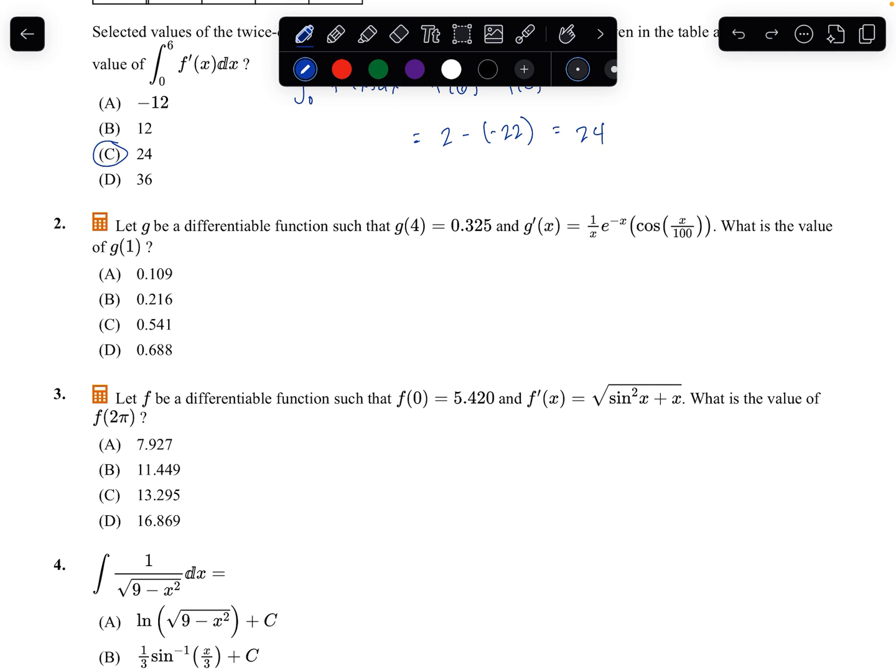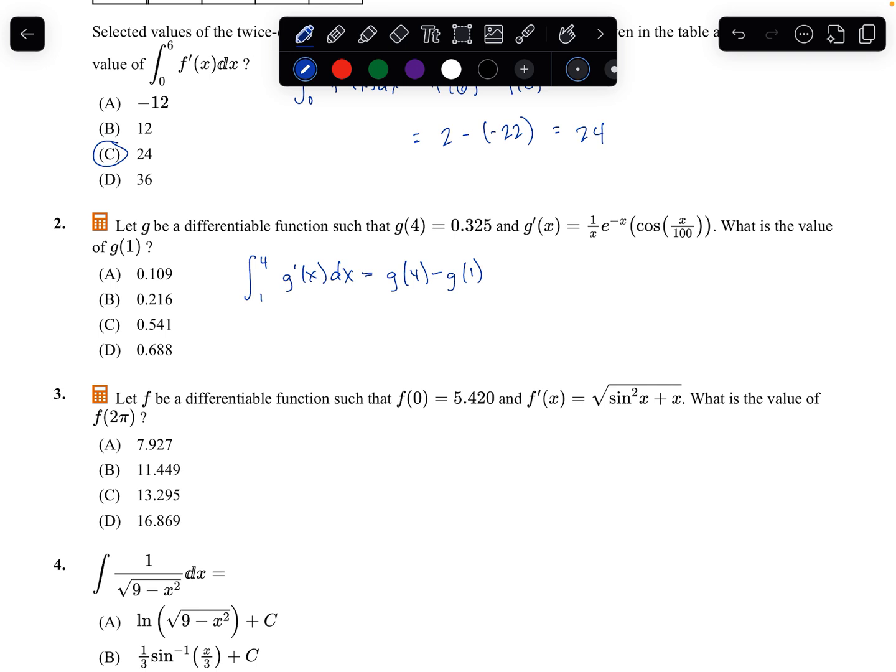So we're going to use the integral from 1 to 4. The reason I'm doing that is so I can get the antiderivative at 1 and at 4, because I have the antiderivative at 4 and I'm looking for it at 1. So the integral from 1 to 4 of g prime of x dx is going to be equal to g of 4 minus g of 1.